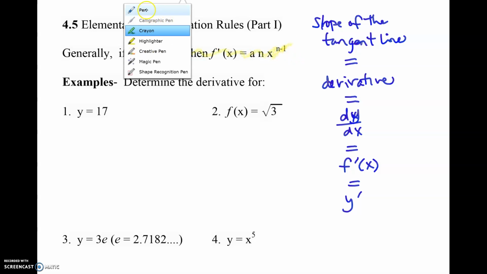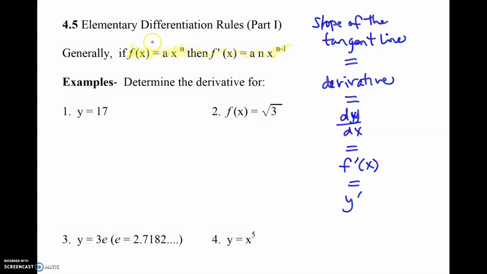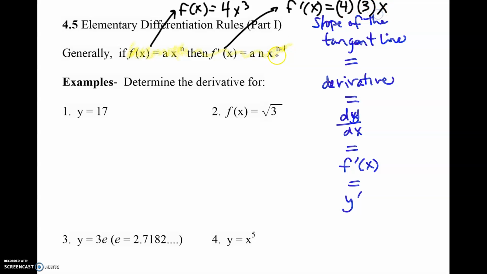Here's what I mean. Let's say, for example, f of x is equal to 4x to the power of 3, so a in this case is 4. Then the derivative, f prime of x, would equal the same a, 4, multiplied by n, the exponent, which is 3, times x to the power of 1 less than the exponent, so x to the power of 2.